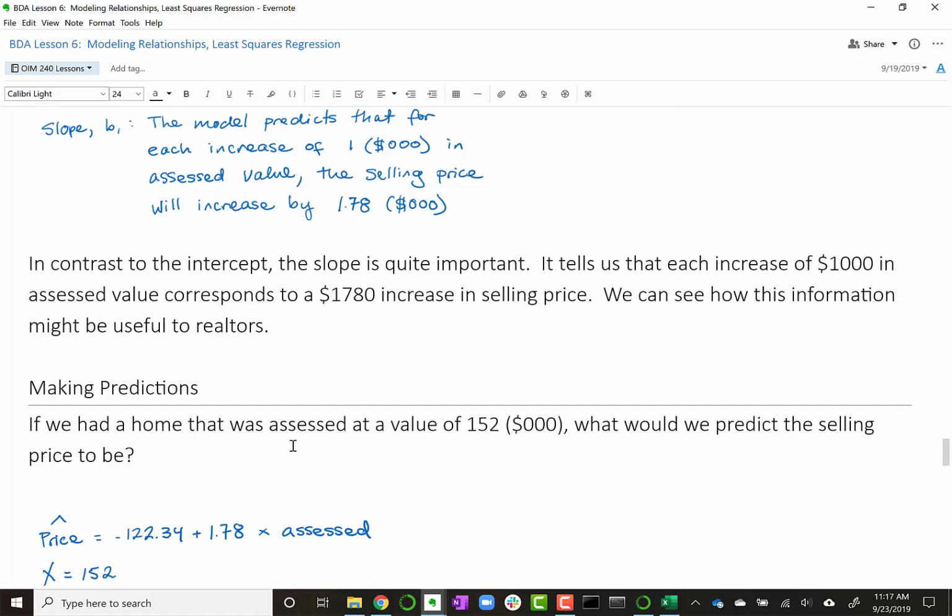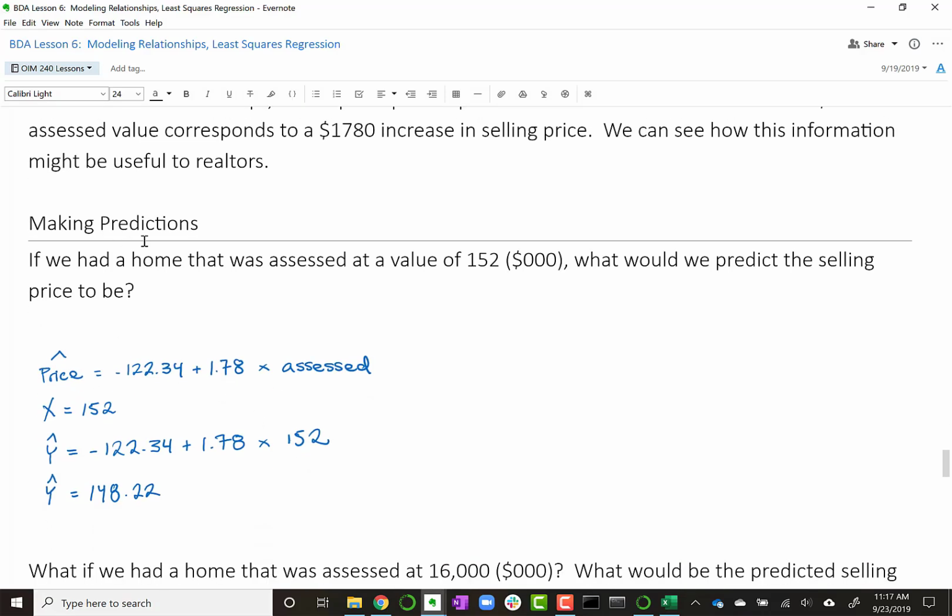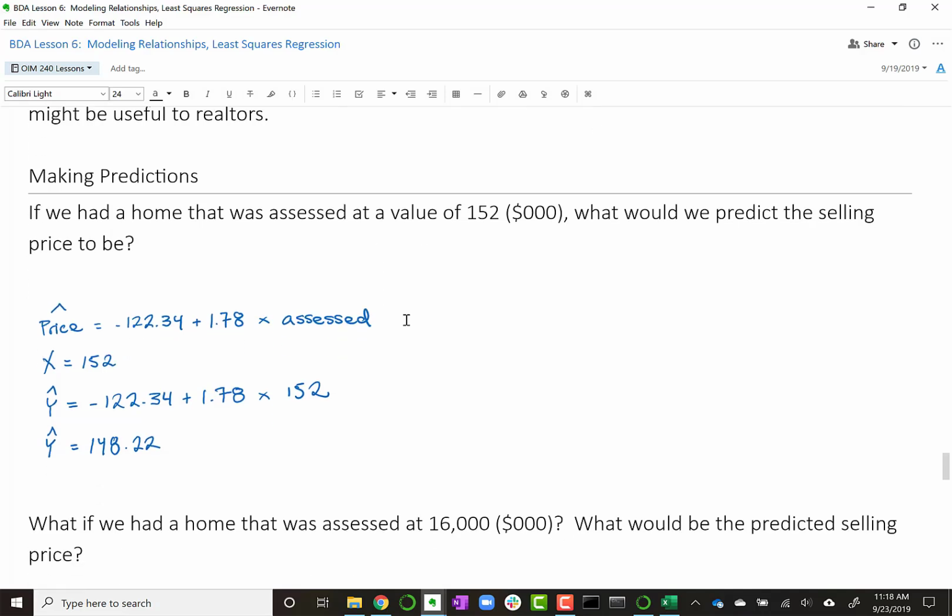Okay, now what else can we do with our model? The next thing to go over is making predictions. This is exactly the position a realtor might be in. If we have a home that is assessed at $152,000, what would we predict the selling price to be? Well, we think of that $152,000 as the observed assessed value, right?